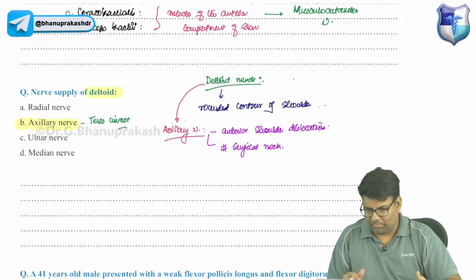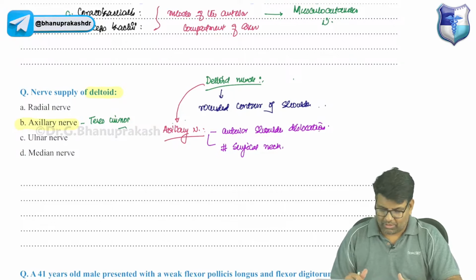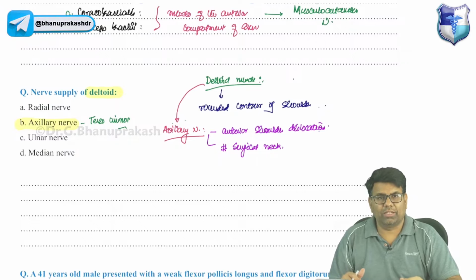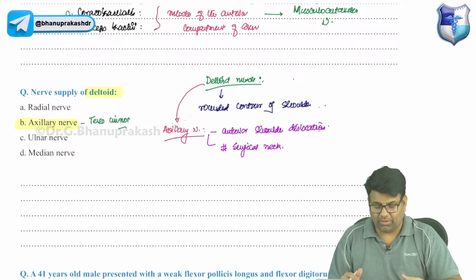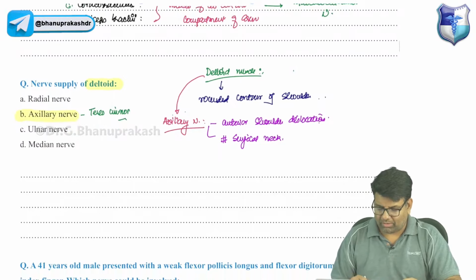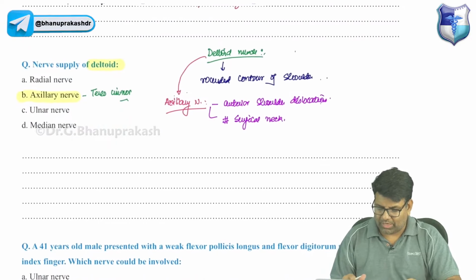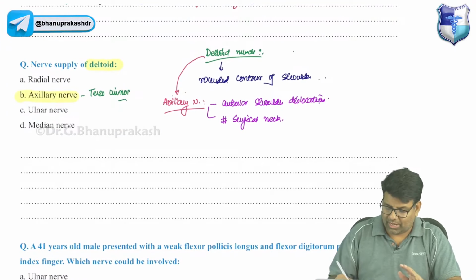This is post-traumatic. Yes, Aninda, it's fracture surgical neck, very good. Arya, perfect. There is one more possibility: if you give intramuscular injections in the deltoid wrongly and directly poke the nerve, that is another possibility. But these are the two which are commonly seen in clinical practice: anterior shoulder dislocation and fracture of the surgical neck.